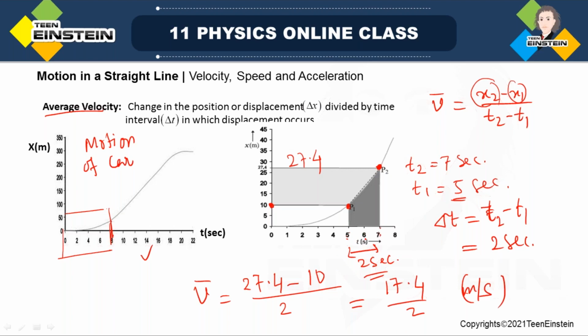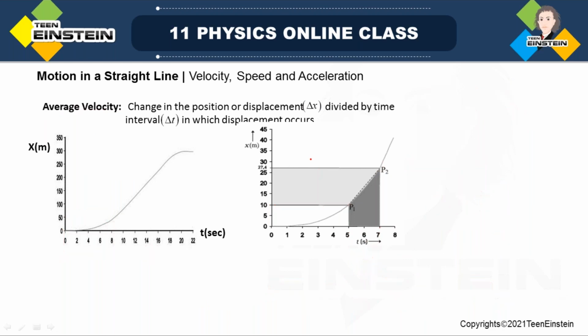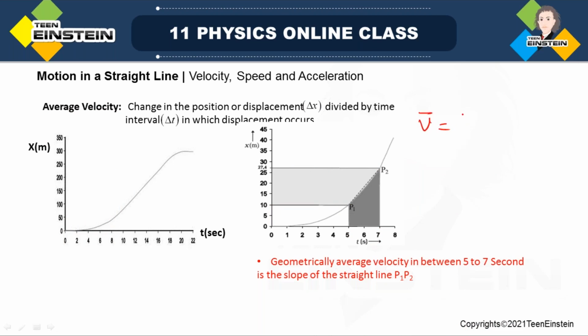Essentially, geometrically, average velocity is x2 minus x1 by t2 minus t1. x2 is p2, the position of the car after 7 seconds, and after 5 seconds the object is at position p1.